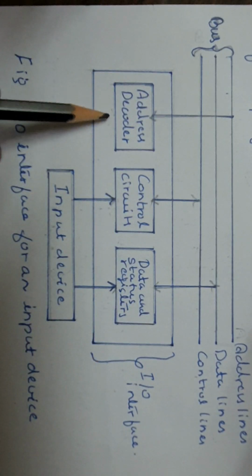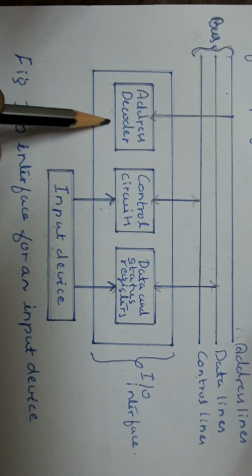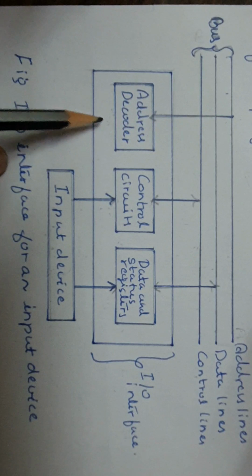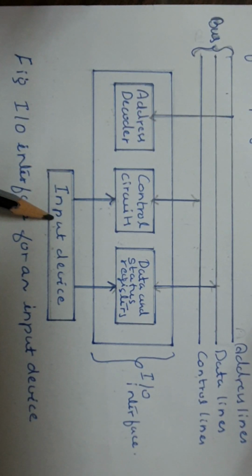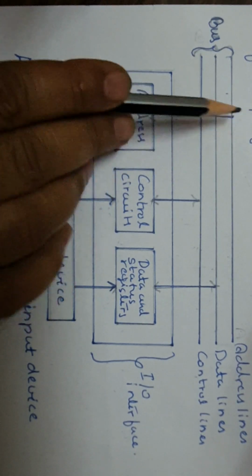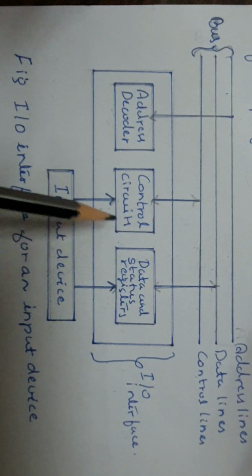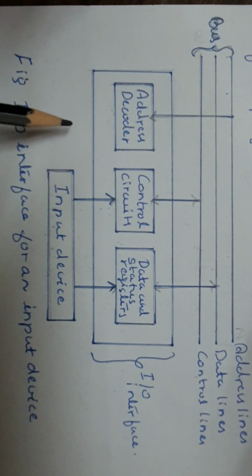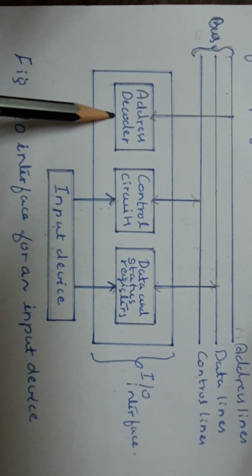In that interface, the address decoder decodes the given address, and if it belongs to the particular input or output device, then that device will respond to the processor over the bus. The other devices will not respond. That is what the address decoder is.